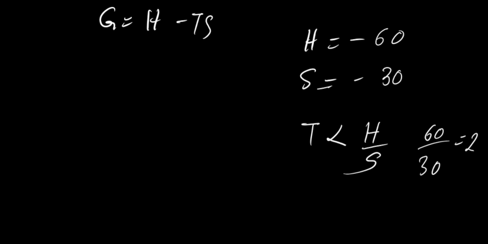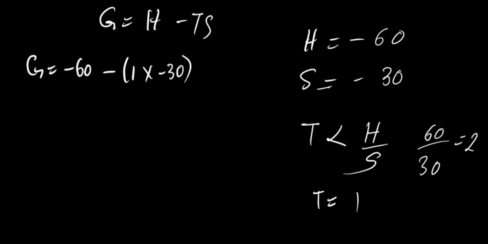Okay, so let's have our temperature to be 1. So T equals 1. Applying that here, we would have that G is equal to negative 60 minus 1 times negative 30. So this would be negative 60, and minus times minus is plus, so plus 30.